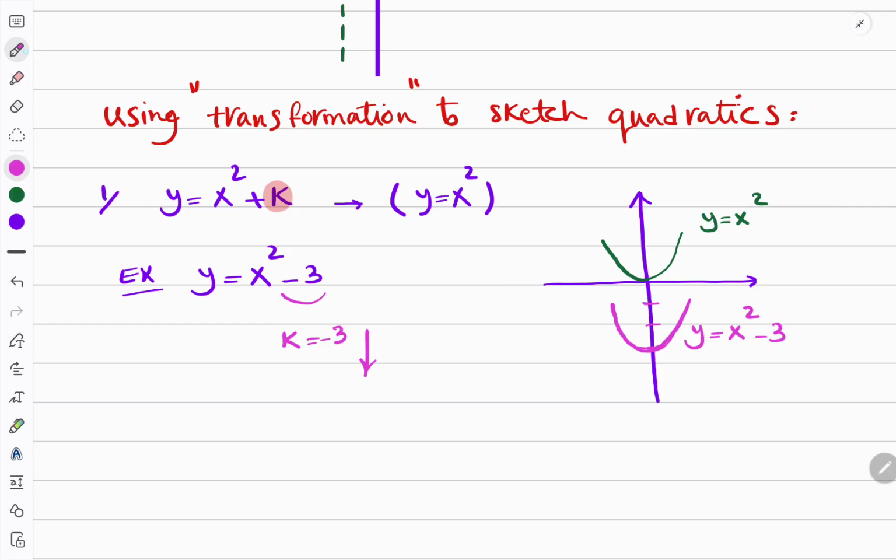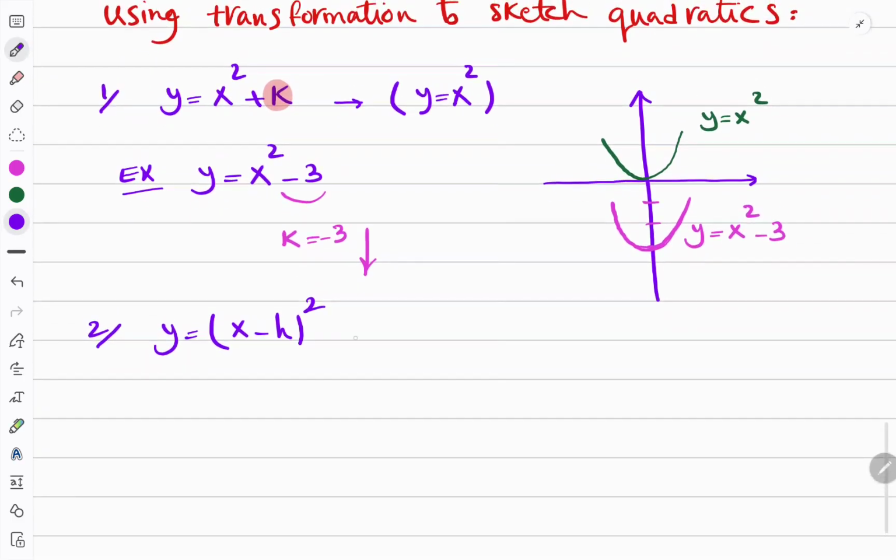Okay? And another one is y equals x minus h squared. Graphs of this form have exactly the same shape as y equals x squared, but translated h units to the right or left, I mean horizontally.